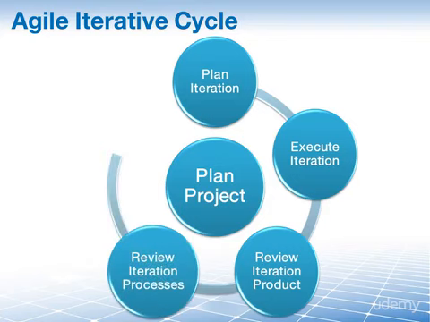The last event in each iteration of an Agile project is the iteration process review, where the Agile project team members determine what went right in the current iteration so they can repeat it in the next one, and what went wrong so they can fix it in the next iteration.